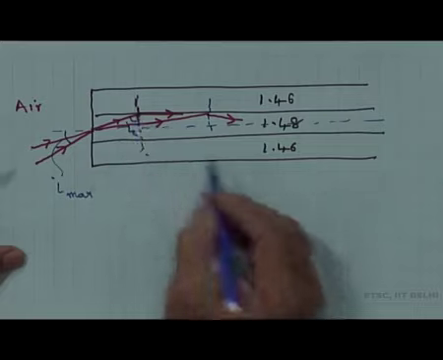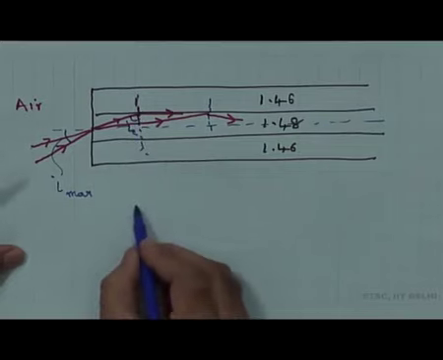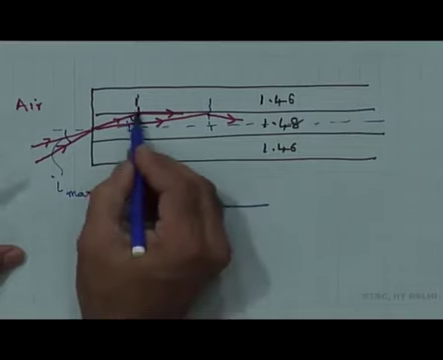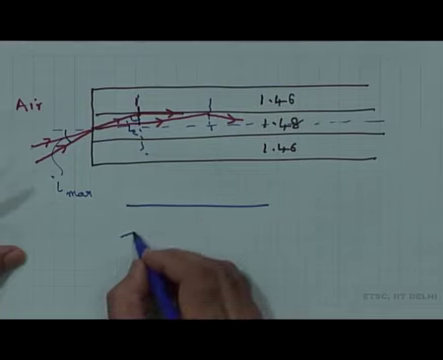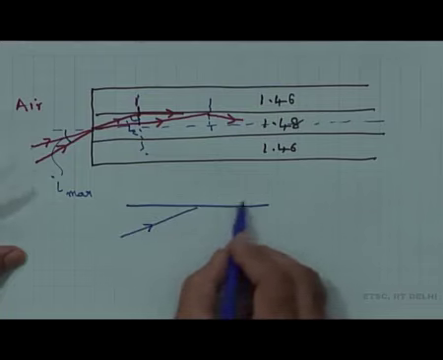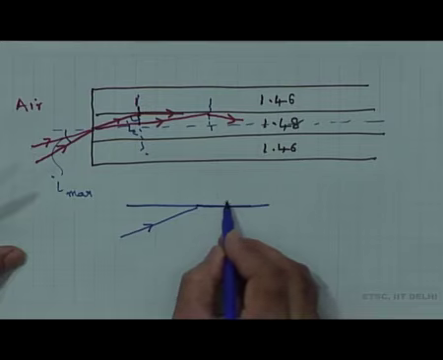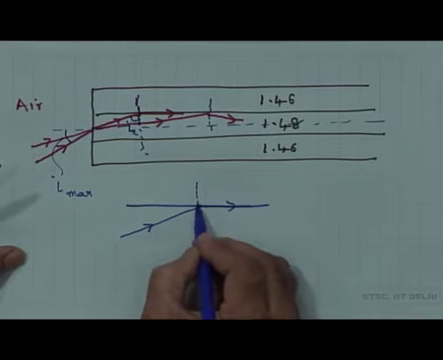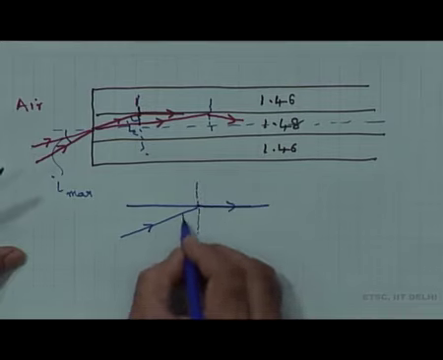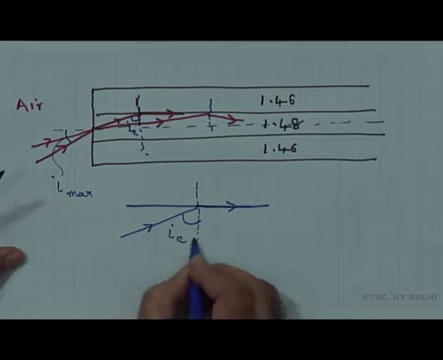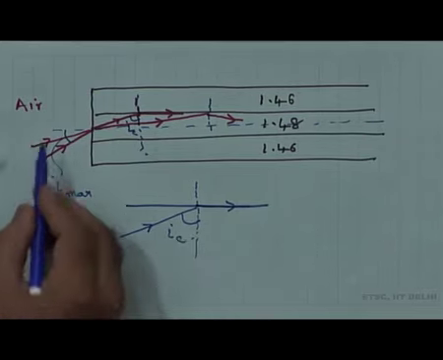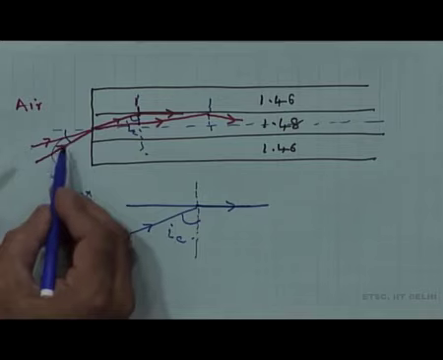So, if we focus at this point, let me draw that again, just this point. If I zoom that point, here is the ray which is incident and this is grazing, and here is the normal and this is I C, and corresponding to this I have an I max here.